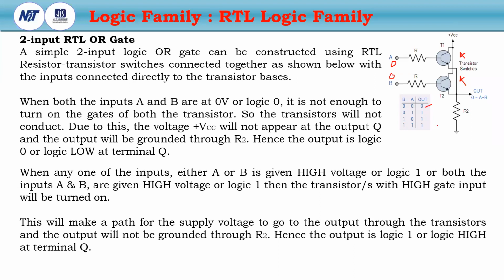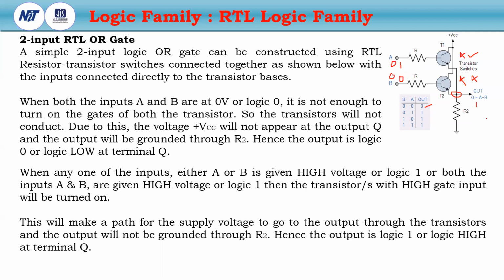Now if any one, suppose this is 1, this is 0, then what happens? This will be turned on, this will be turned off. So if this transistor is turned on in saturation mode, then VCC will transfer through this transistor to the output Q. So the output will be logic 1.